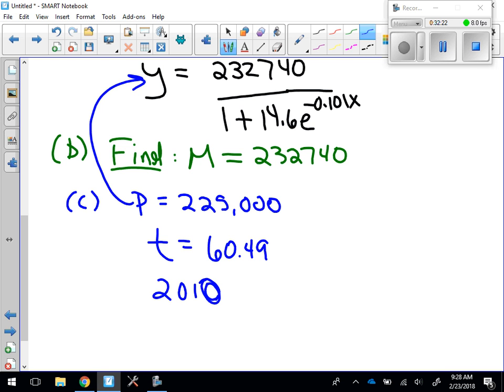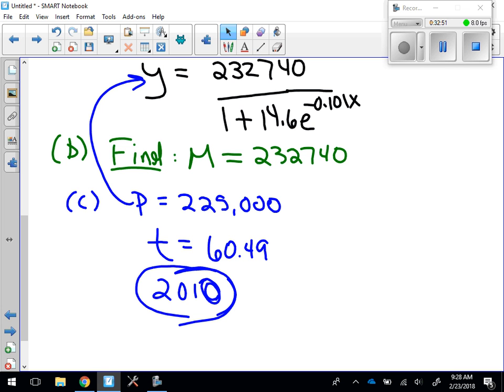Because the question asks us, when does it reach? Not how many years, but when. And so you have to remember that t was equal to 0 in year 1950. Okay, we good? We got it?